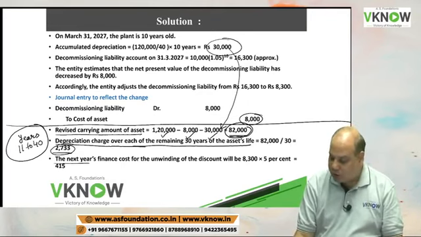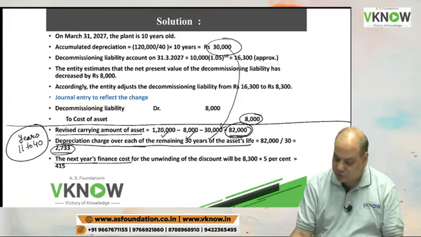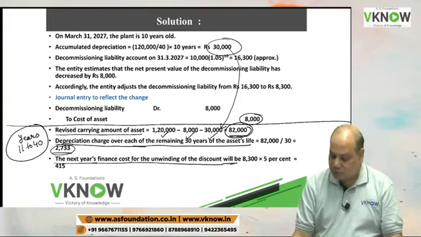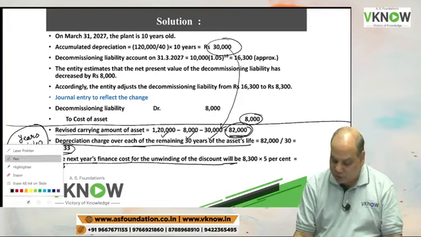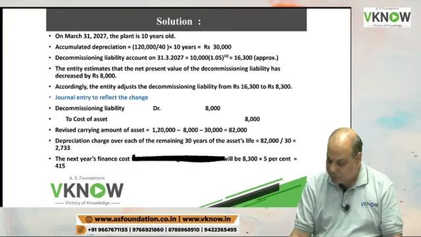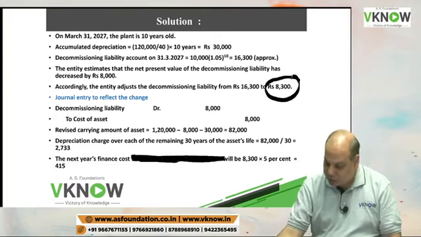Then write down the next year's finance cost for the unwinding of discount, or just write next year finance cost.